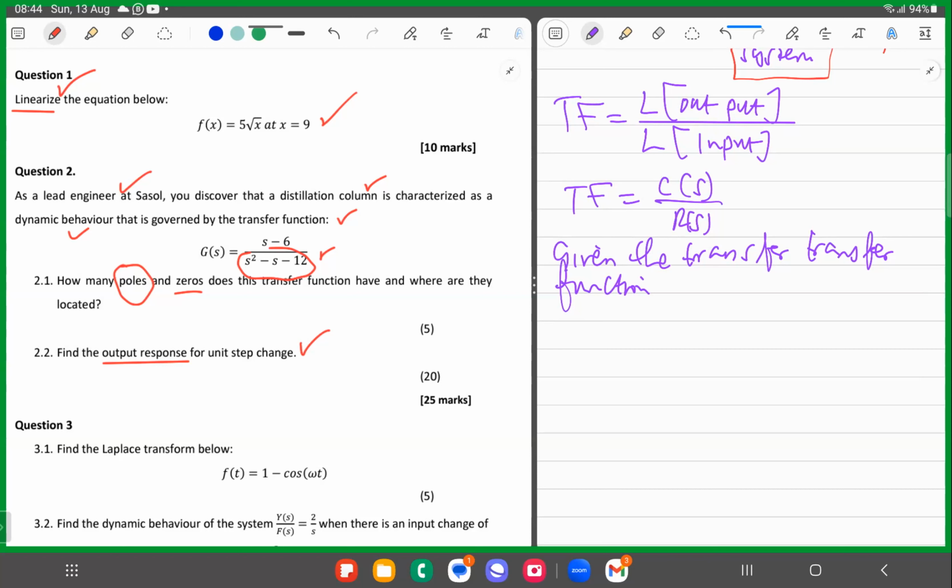Right, so you note therefore that, given the transfer function G of s, which equals s minus 6 all divided by s squared minus s minus 12, which is like that.